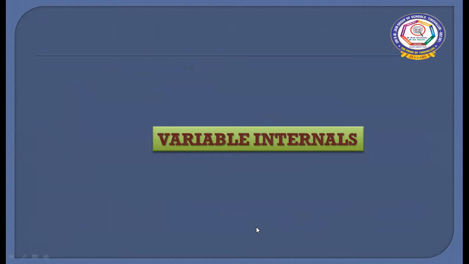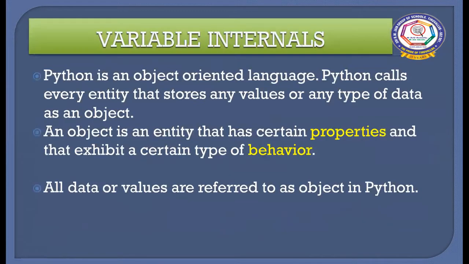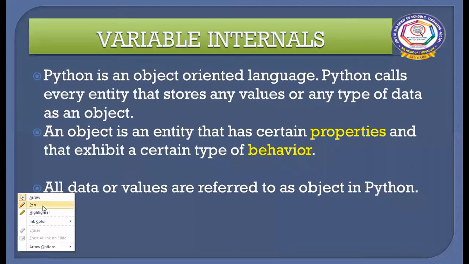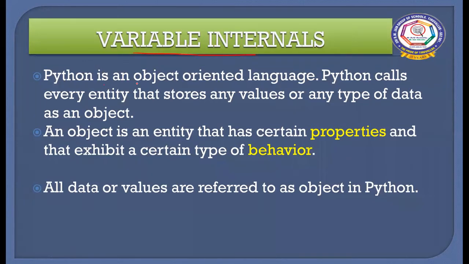How does Python store objects internally? Variables internals. Python is an object-oriented language. Python calls every entity that stores values and type of data an object.